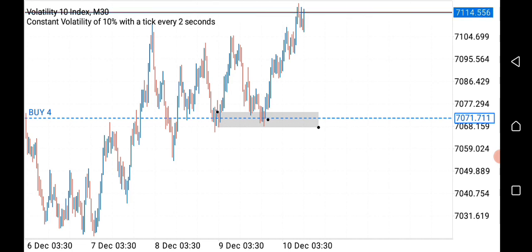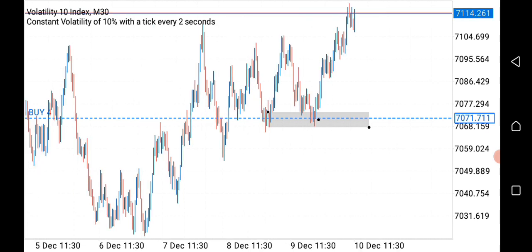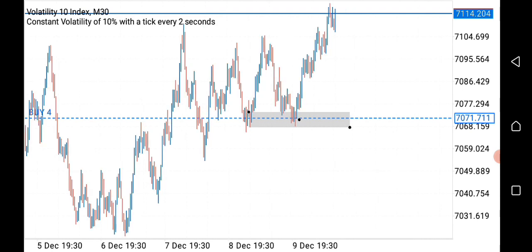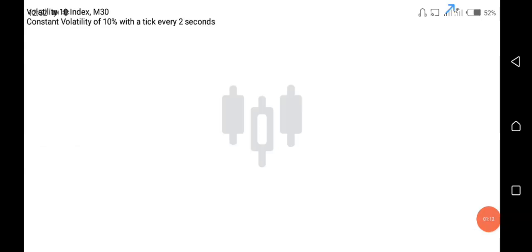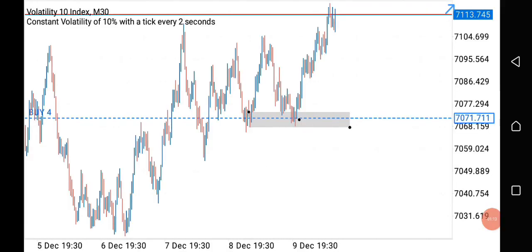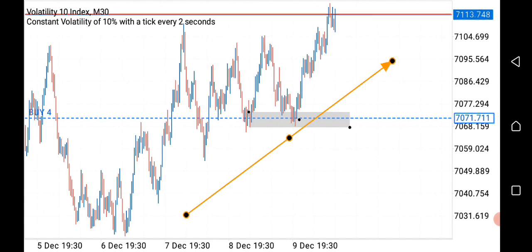But if you come down to a smaller time frame and still do the top-down analysis, maybe starting from 30 minutes down to 1 minute time frame, you'll be able to at least get a smaller view of the direction of the market. Because if you take a look now, you see that from the 30 minutes time frame, the market is in an uptrend.